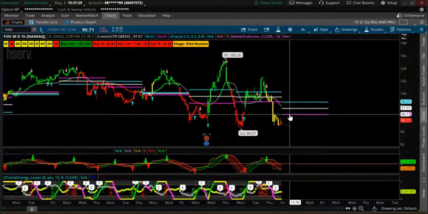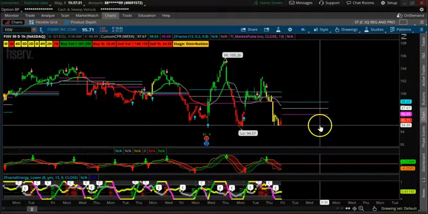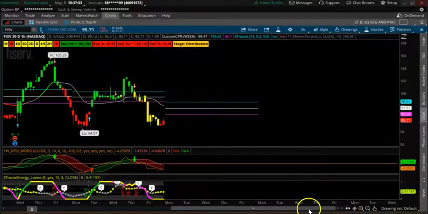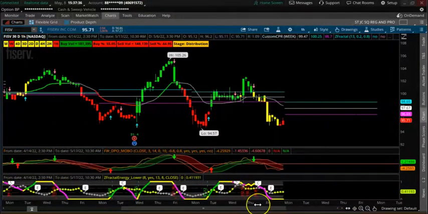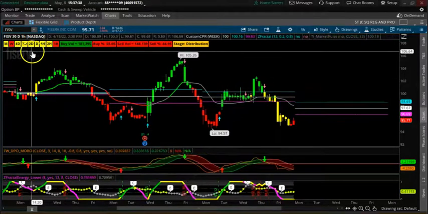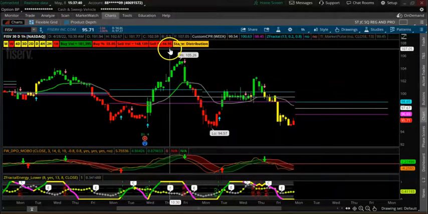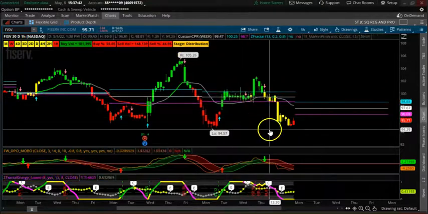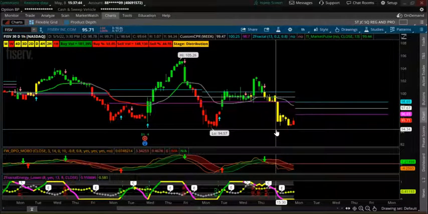You can see the CPR which is printing downwards, and also you can see that time frames are a little yellow here. So this is definitely a stock to consider for downtrend.